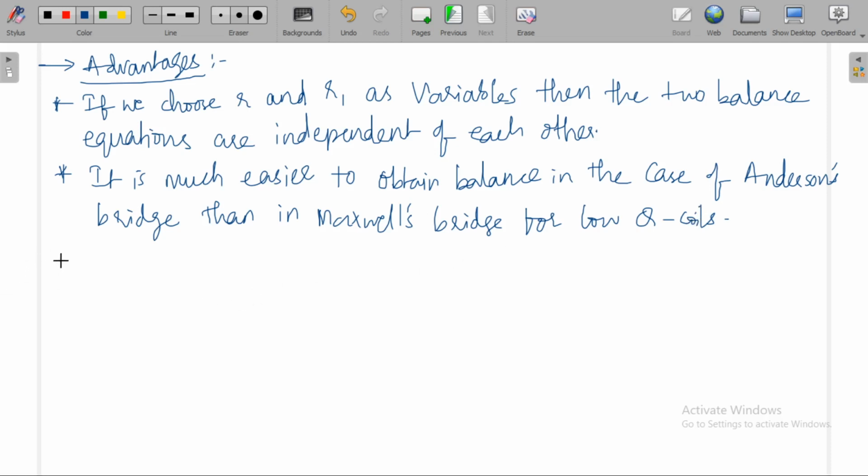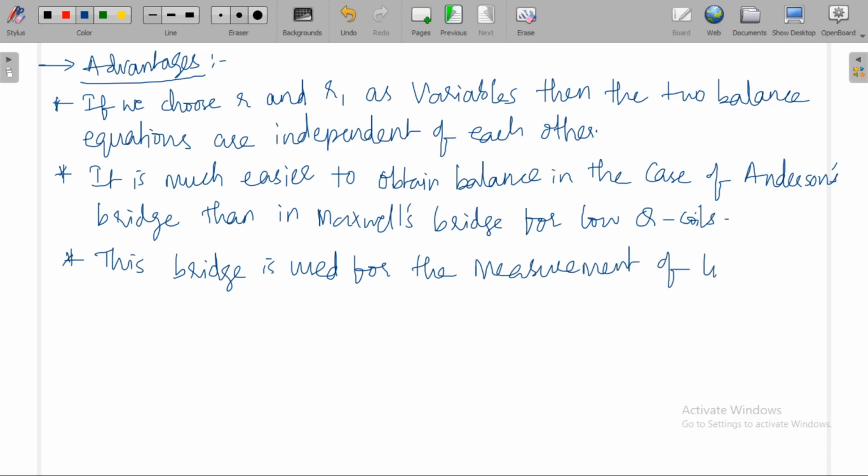This bridge is used for the measurement of low Q coils, that is Q less than 1.